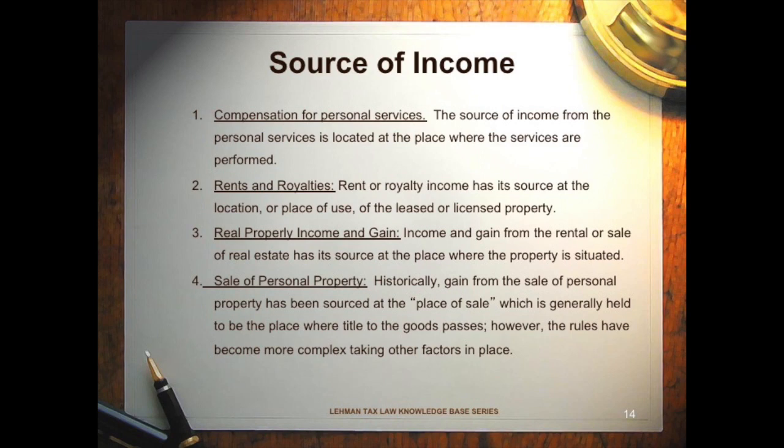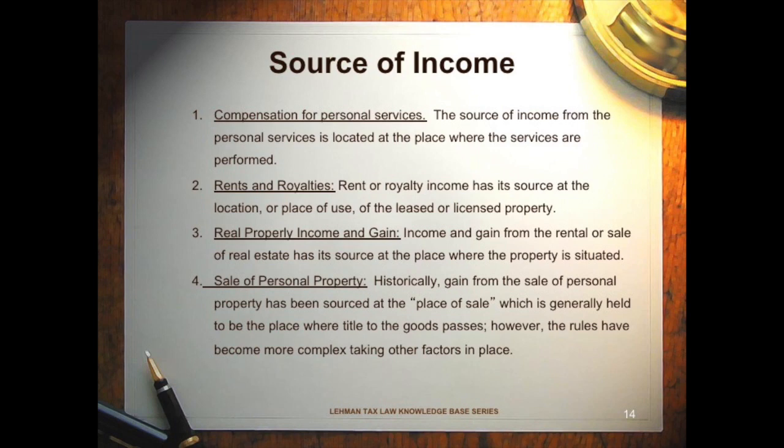Rents and royalties. Rental income and royalties is sourced where the property is. So if you have rental real estate in the United States, it's going to be U.S. source income. If you have a patent on a licensed property here in the United States, that's going to be U.S. source income.